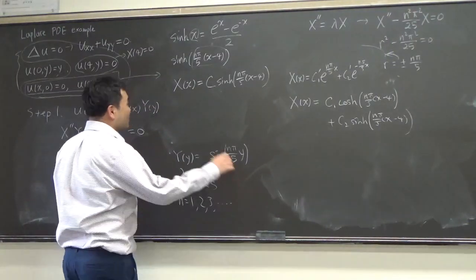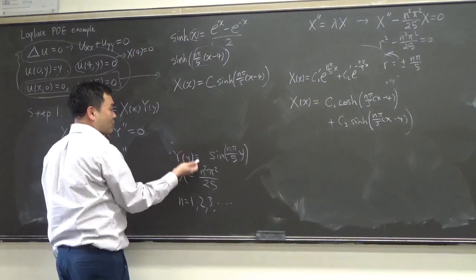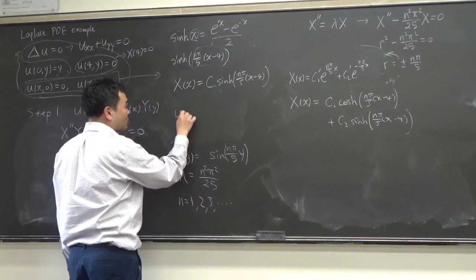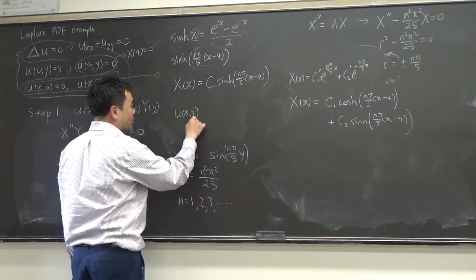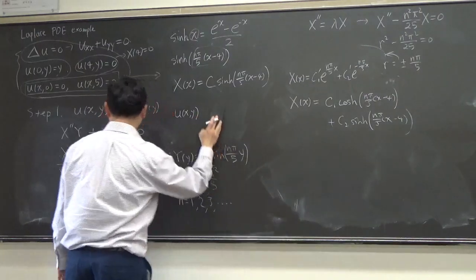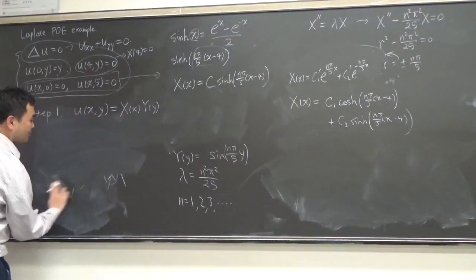Okay. So because I now have the X and then Y, we know that in general the form is u(x,y). Well, I guess I can go back to the original one here.